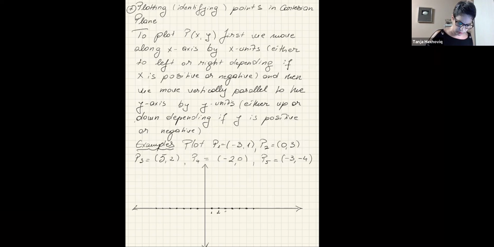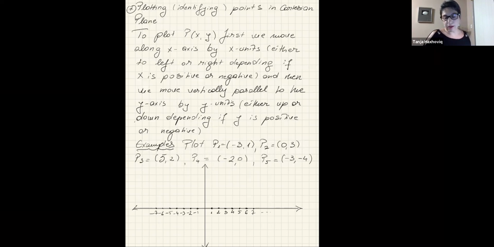And the y-axis, 1, 2, 3, 4, 5, 6, 7, minus 1, minus 2, minus 3, minus 4, minus 5, minus 6, minus 7.